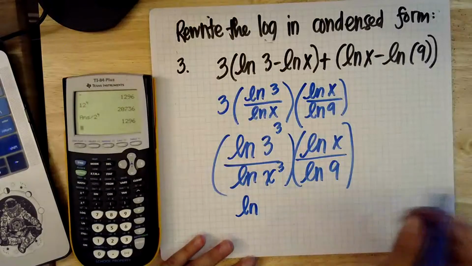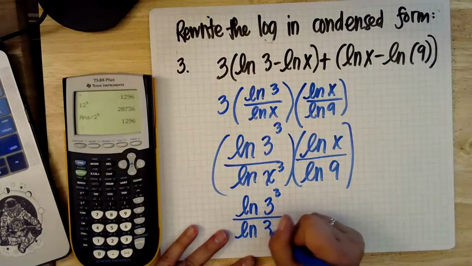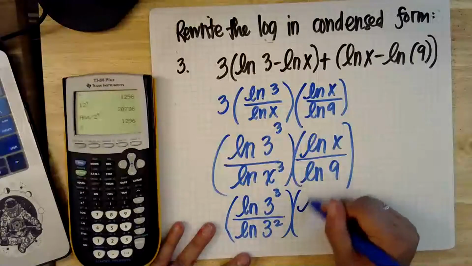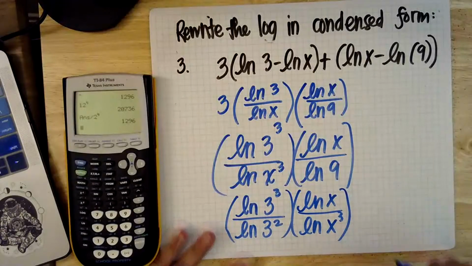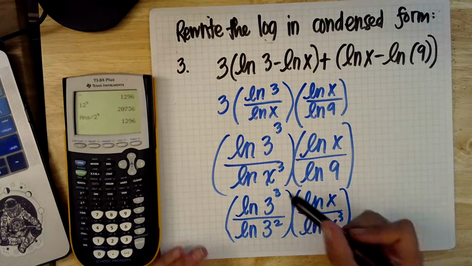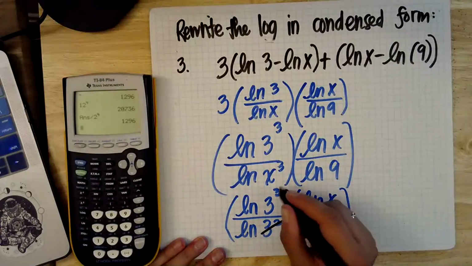So I have ln 3 cubed over ln 3 squared, since 9 is 3 squared, and ln x over ln x cubed. So my final answer, 3 and 2. So 2 of these are going to cut out 2 of those.